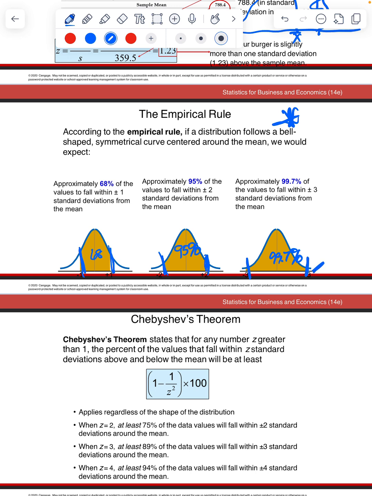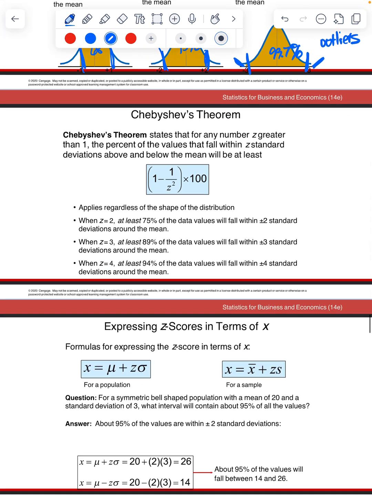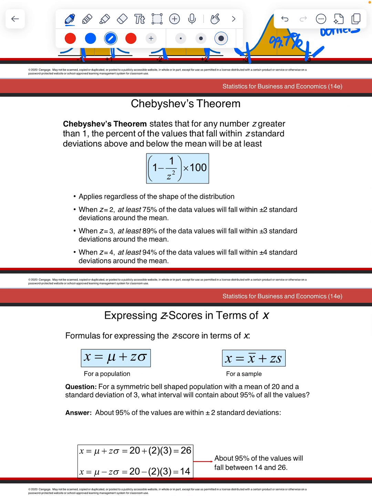If they fall outside of positive or negative 3, or positive or negative 3 or greater, we call these outliers. Outliers are extreme events.